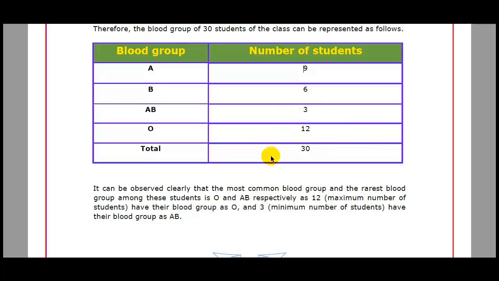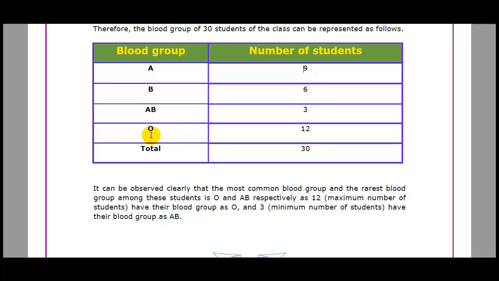Now to the second part of the question. You can clearly observe that the most common blood group and the rarest blood group among these students are O and AB respectively, as the maximum number, 12 students, have blood group O, and the minimum number, 3 students, have blood group AB.